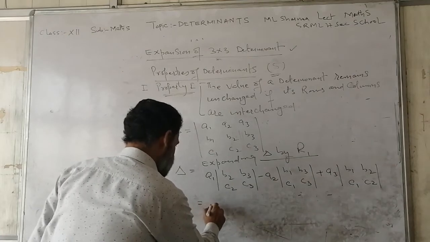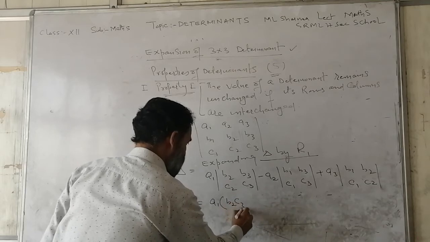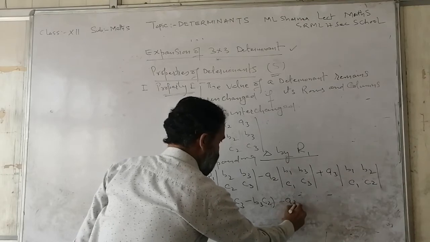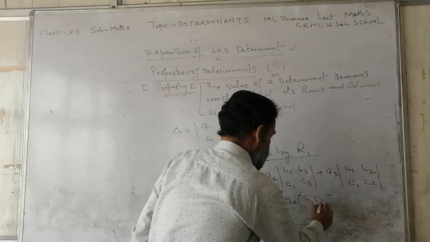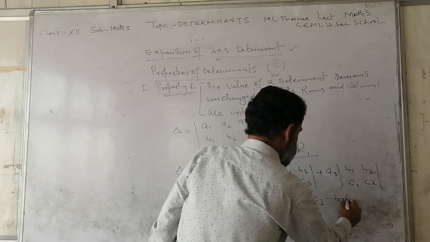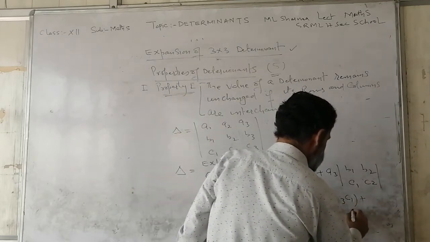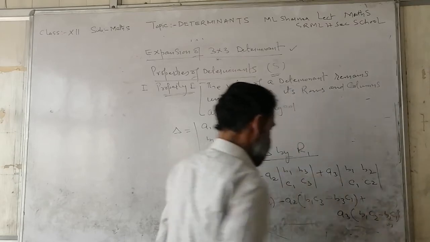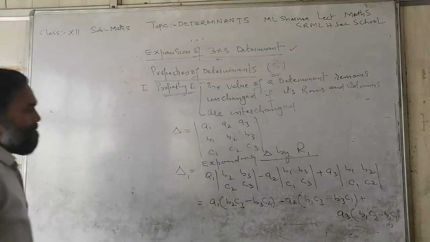So I can write this as A1 (B2 C3 minus B3 C2) minus A2 (B1 C3 minus B3 C1) plus A3 (B1 C2 minus B2 C1). So this is the value of the determinant. Say this is determinant 1.